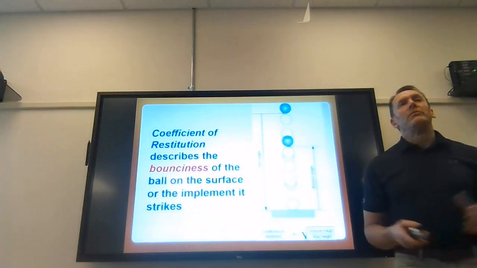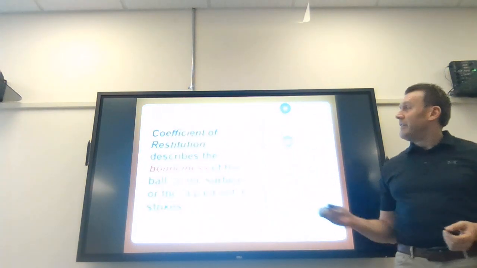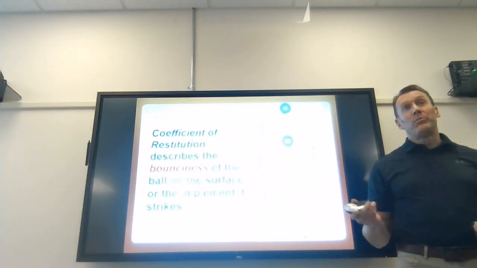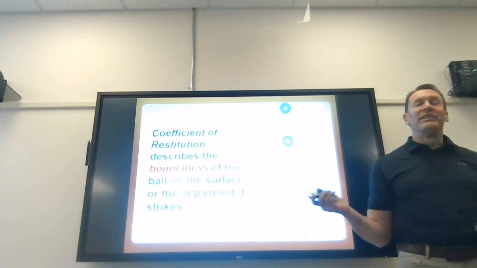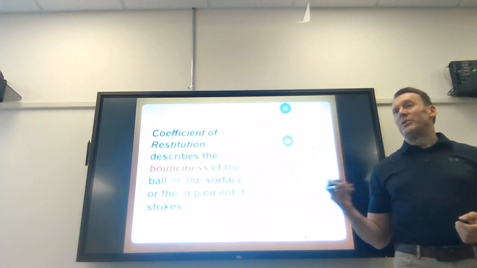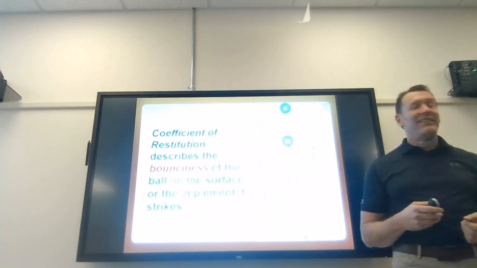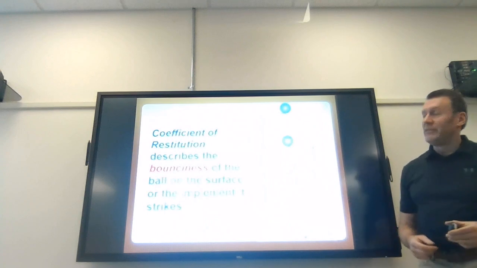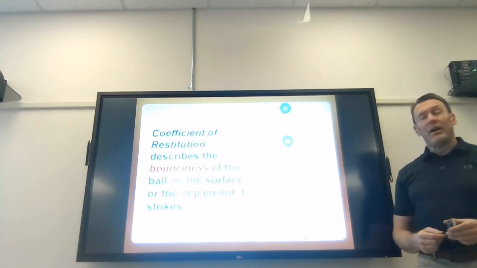Is that a relevant factor in sports? So the coefficient of restitution would relate to a certain air pressure, right? The PSI, the pounds per square inch that you're putting into a football or a soccer ball or a volleyball would directly determine the bounce height when dropped from a standard height.